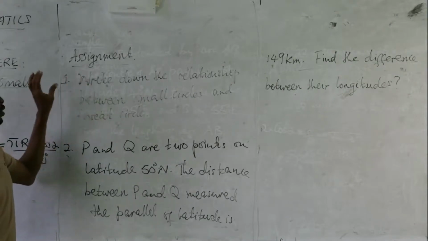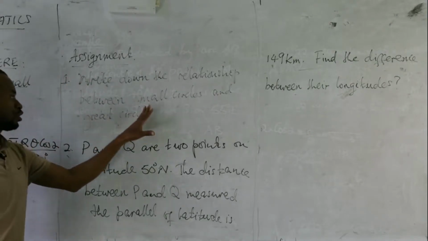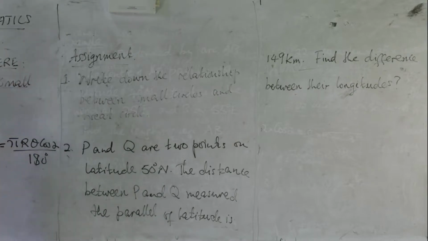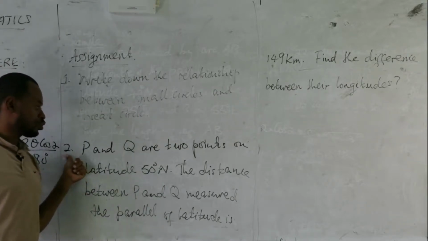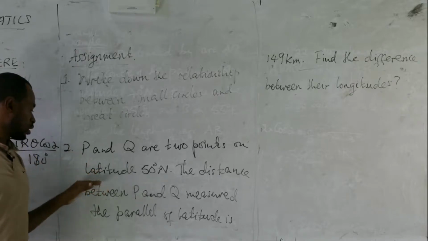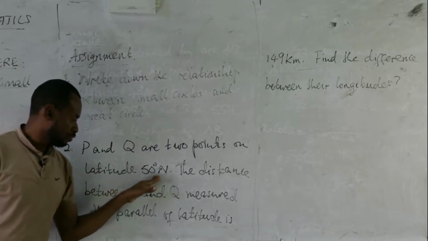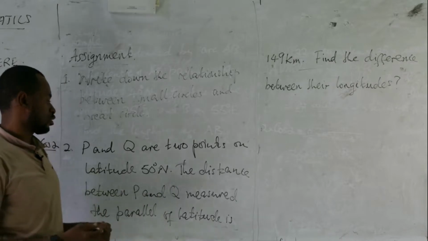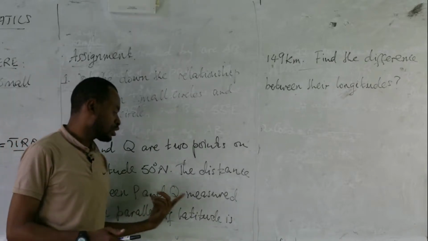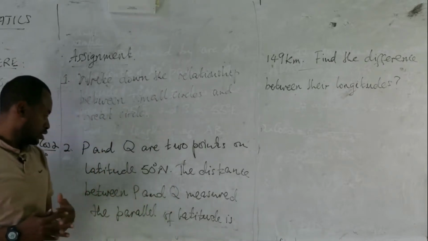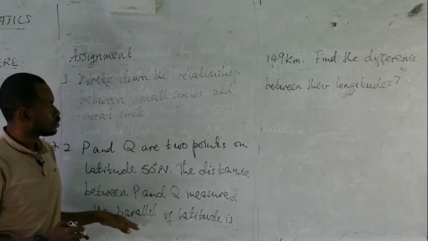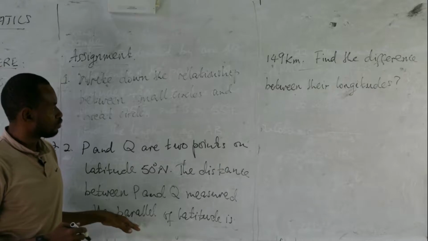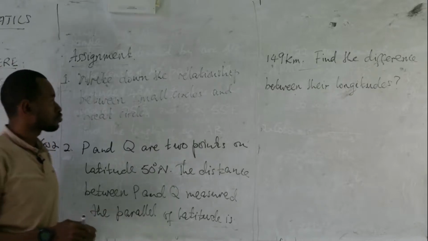Number one, write down the relationship between small circles and great circle. And number two, P and Q are two points on latitude 50 degrees north. The distance between P and Q measured along the parallel of latitude is 149 kilometers.